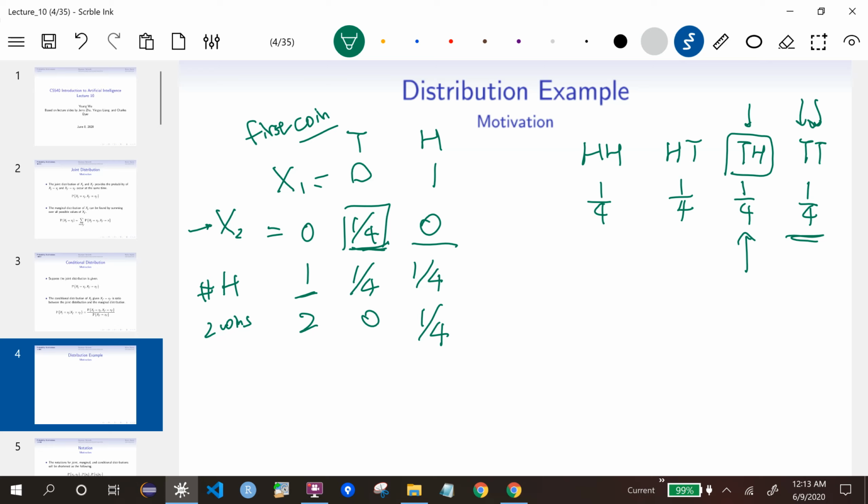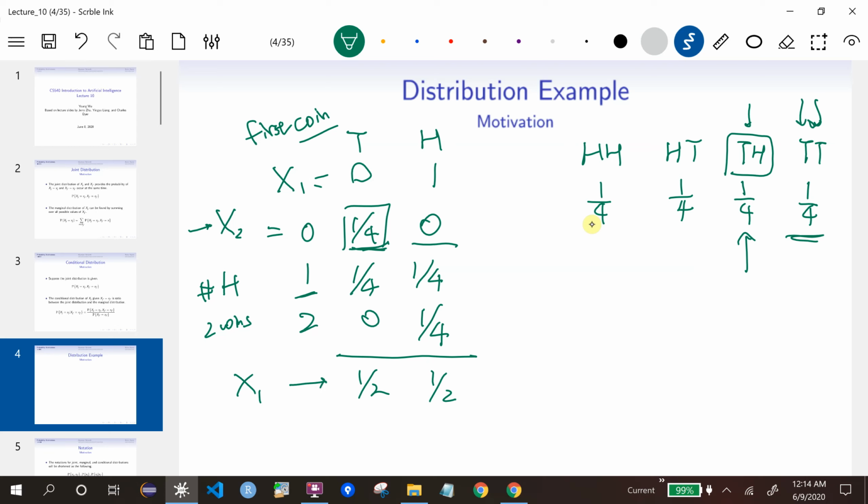Okay, so these are basically the joint probabilities. If we want to find the marginal probability for x1, then we sum up different values of x2, so basically sum up over the columns. Summing 1/4, 1/4, 0 is a half. 0, quarter, quarter is a half. So this is our x1 marginal distribution.